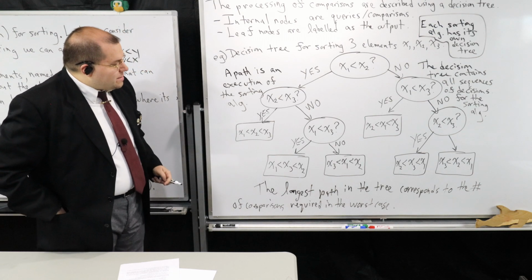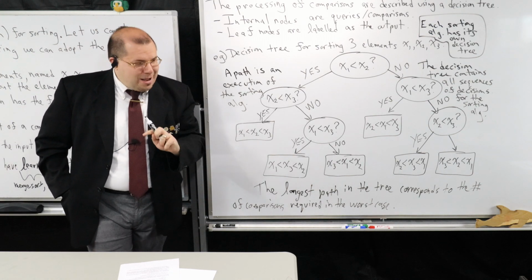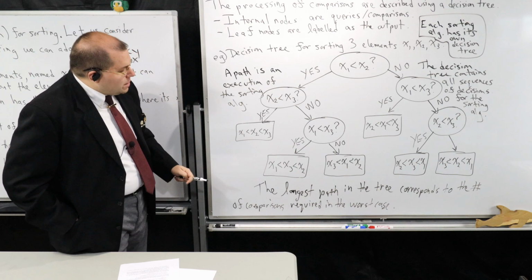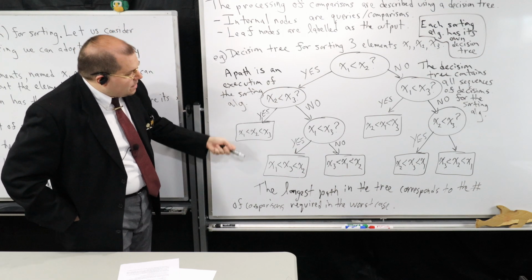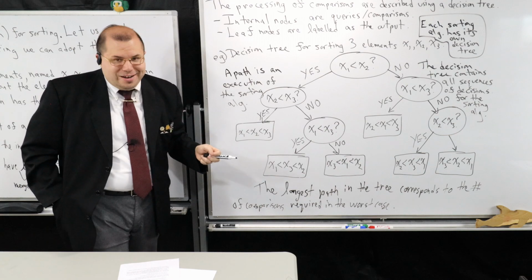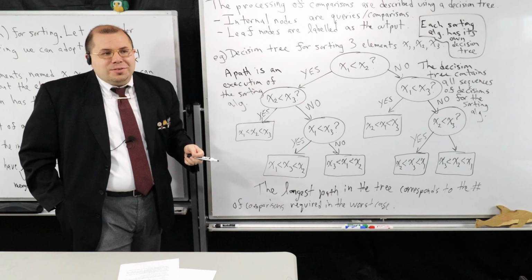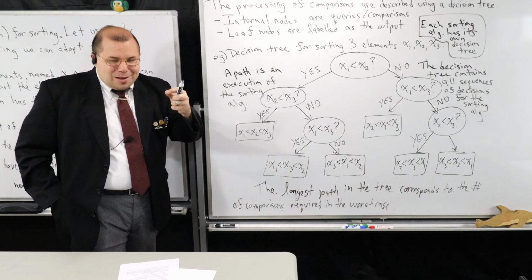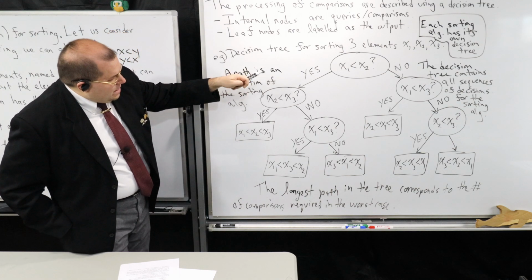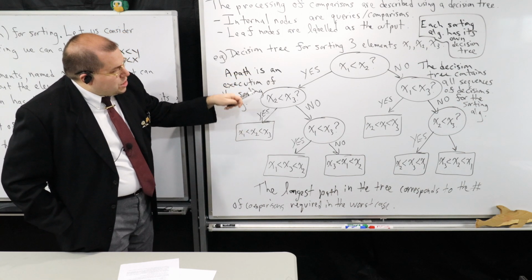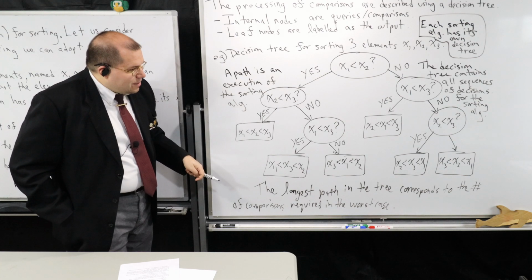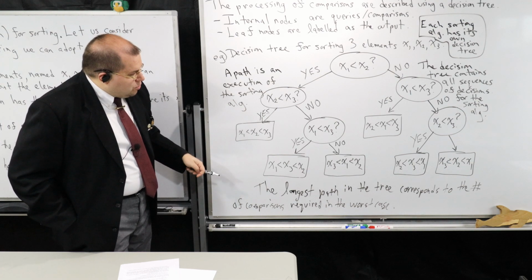So this is just to give you a general game plan of what we're going to do. I'm going to try to find a relationship between the longest path in any one decision tree and this tree's leaves.